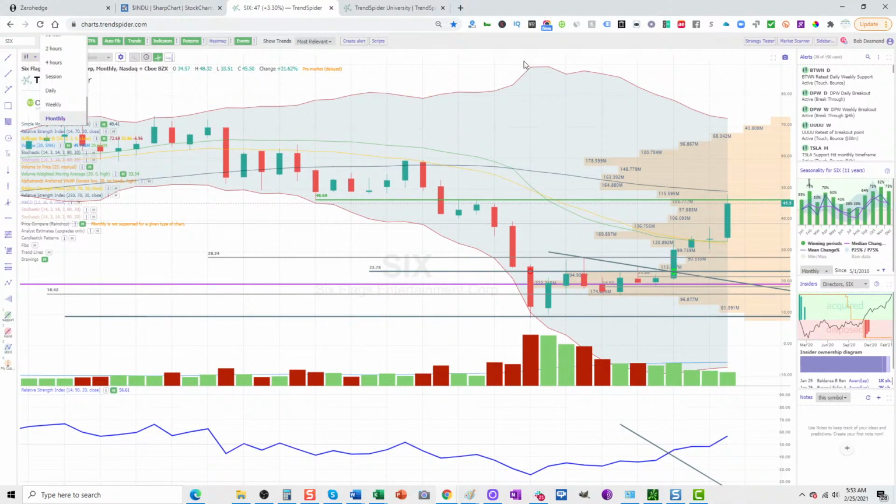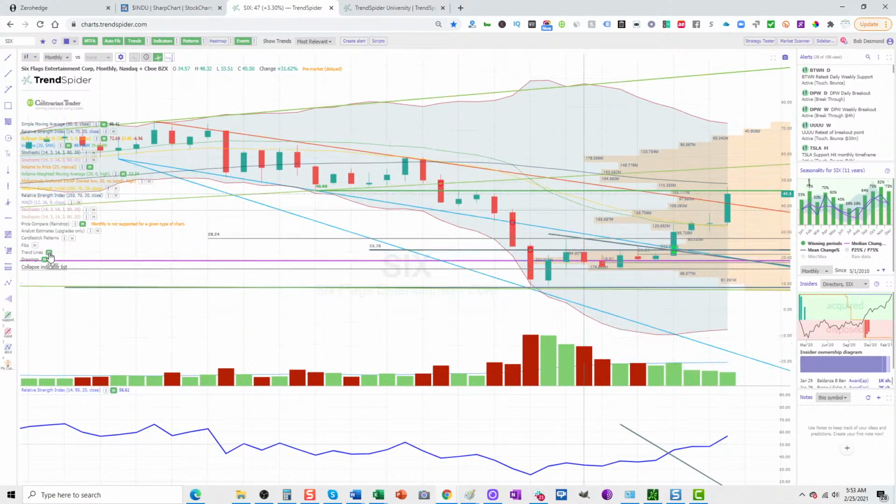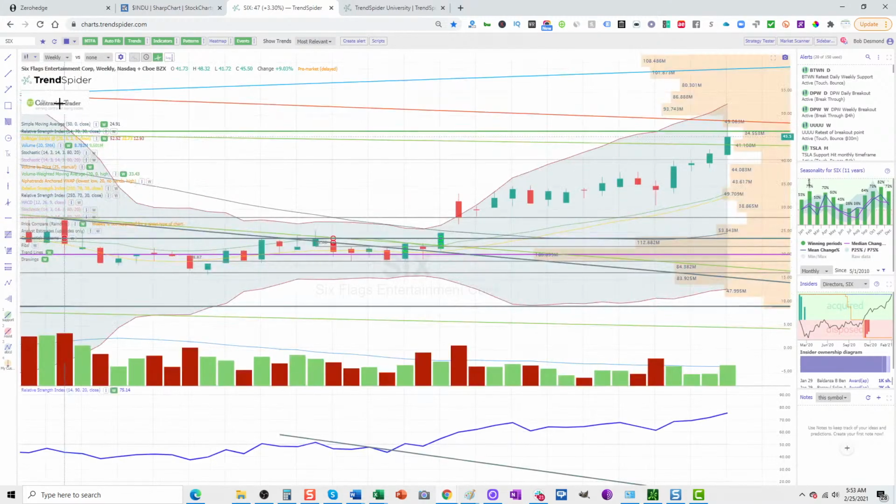Well, before we leave the weekly chart, let's throw up our automated trend lines. Now, the automated trend lines pointed out that we did rally through resistance, which is great stuff, in red. Now, what I want to do, I'm not going to use the monthly chart for alerts. We'll do a deeper dive.